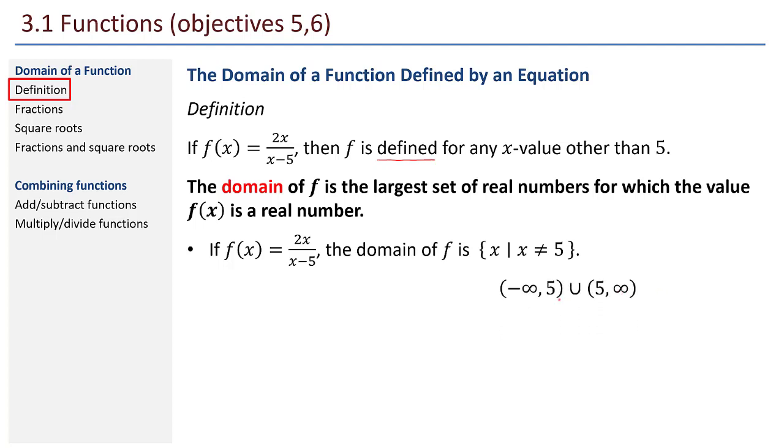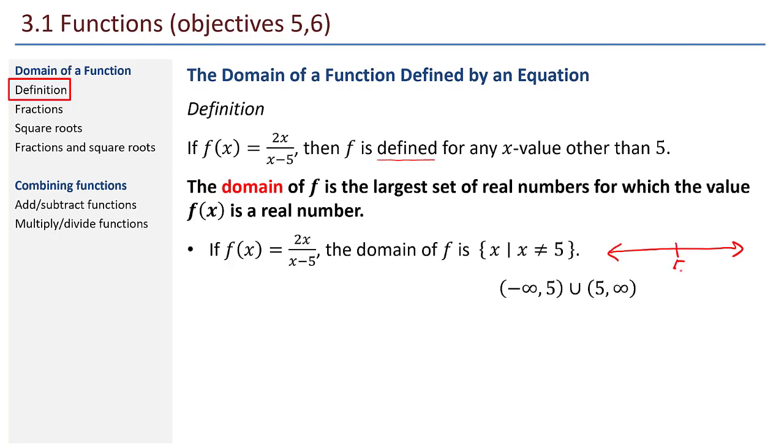Another way of writing this is with interval notation. We can say all the numbers from negative infinity up to 5, but not including 5 because I have a parenthesis, unioned together with all the numbers strictly greater than 5. On the real number line, I suppose you might even draw it out something like this.